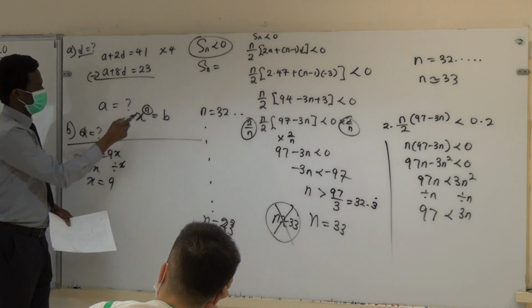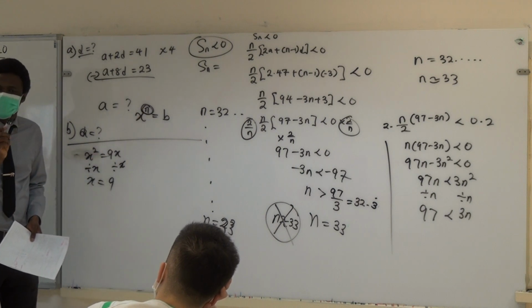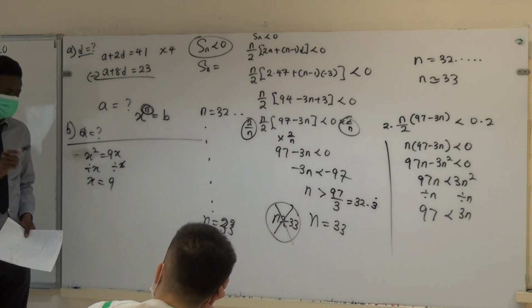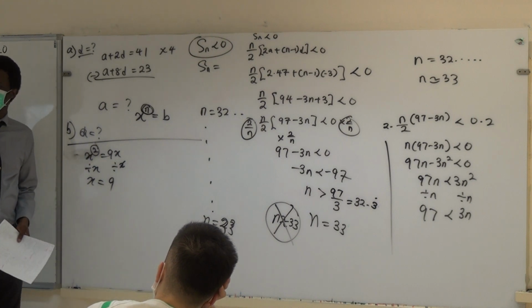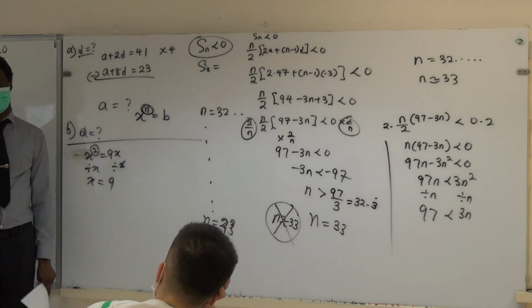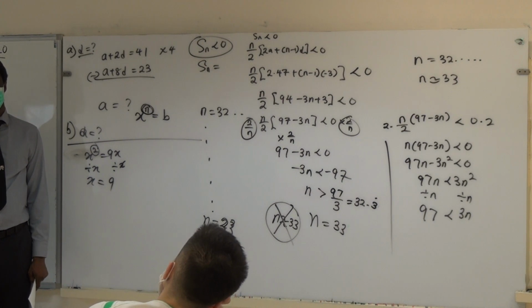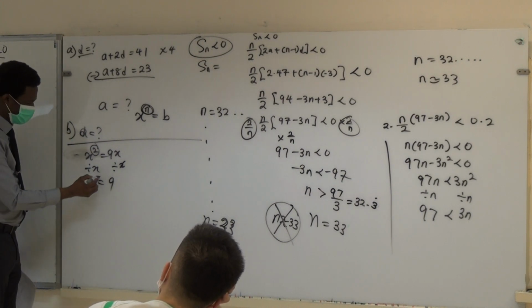So my point is, this power determines how many results. This means there are 2 results. So if you end up getting 1 result, then something is wrong. So if you divide, this is wrong.